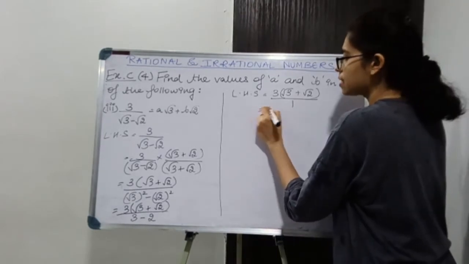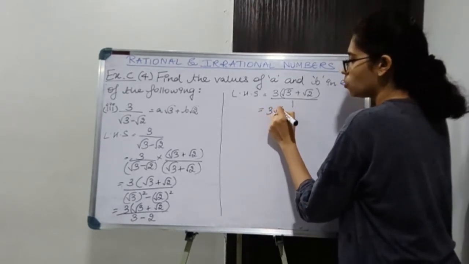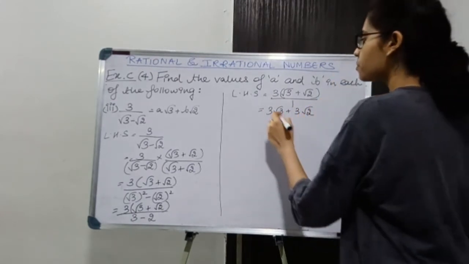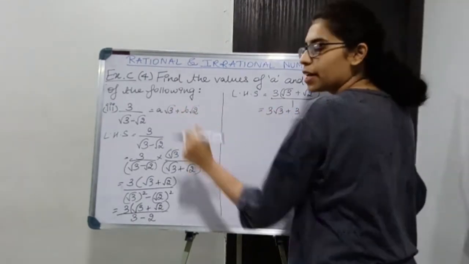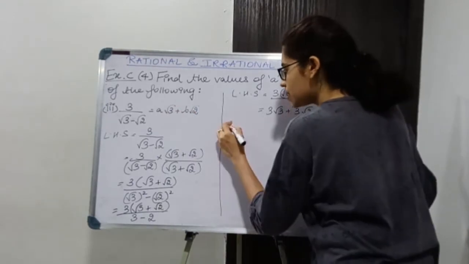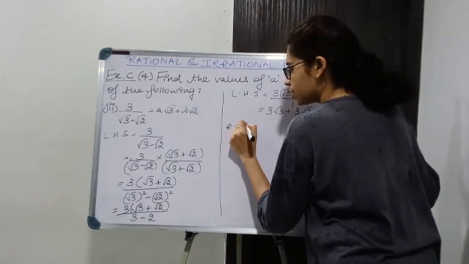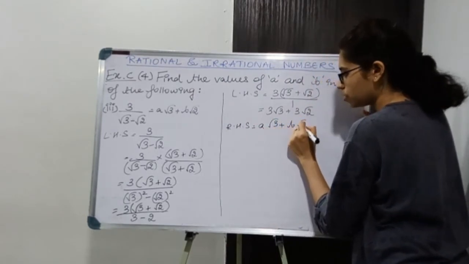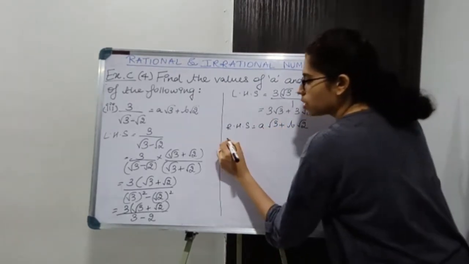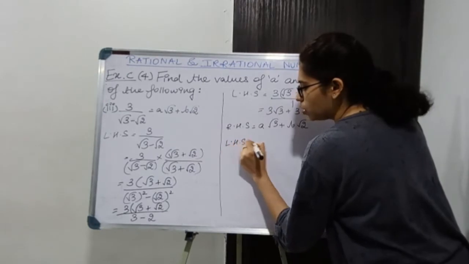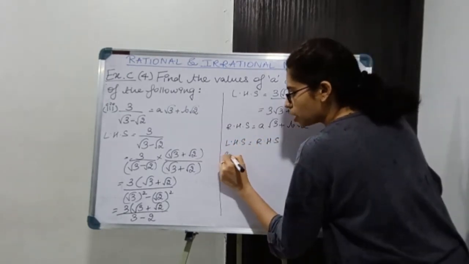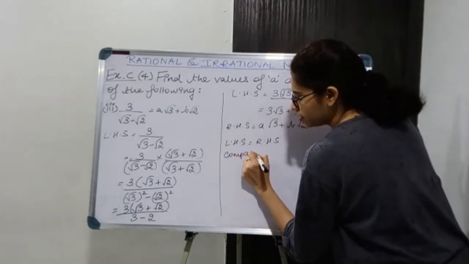So it is 3 root 3 plus 3 root 2. Now I can compare it with RHS. RHS is a root 3 plus b root 2. LHS is equal to RHS, it is already given.